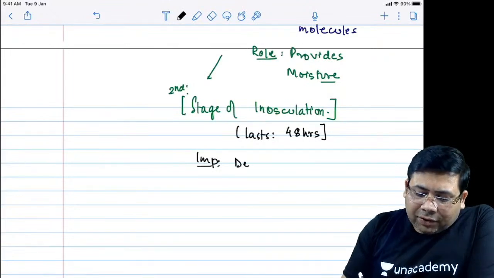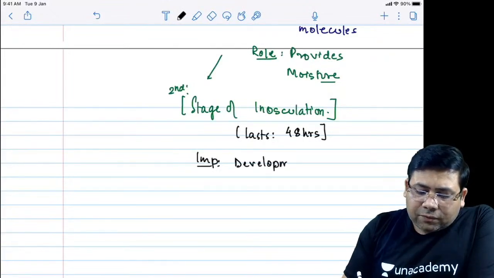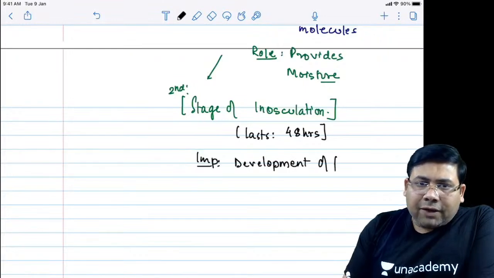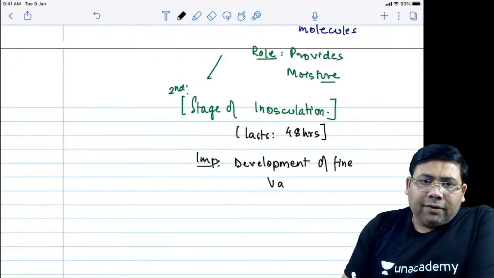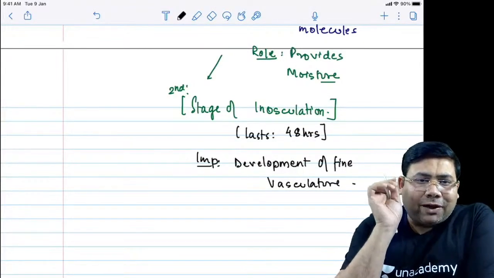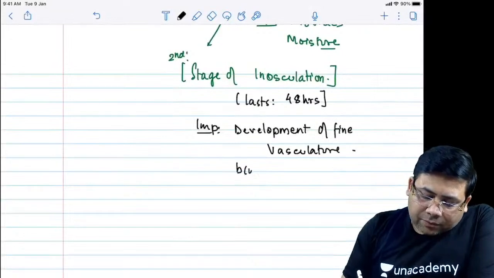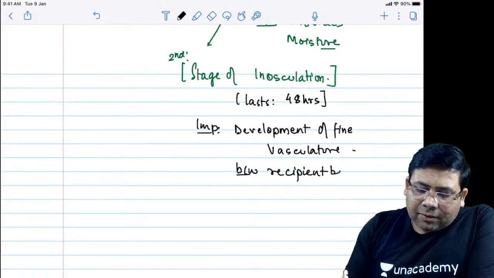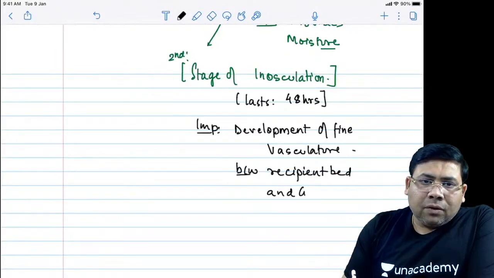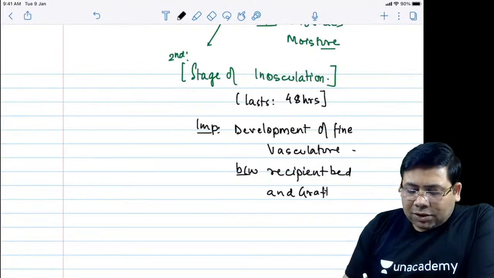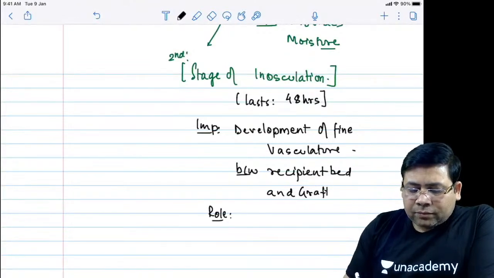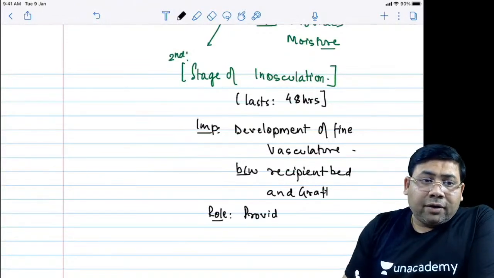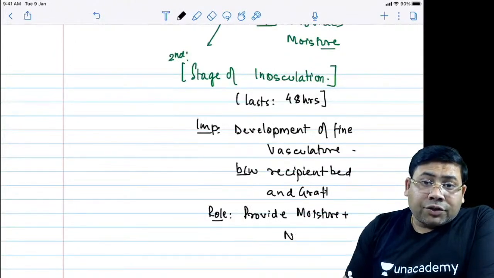It is development of fine vasculature in between the recipient bed and the graft. What is the role? What is the function? The role is to provide moisture to the graft, and along with moisture, nutrition to the graft.